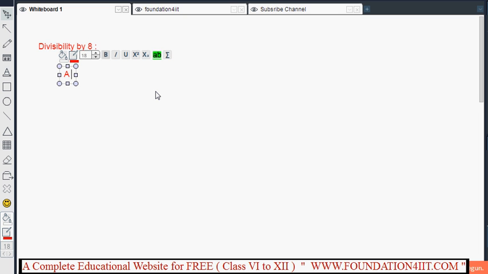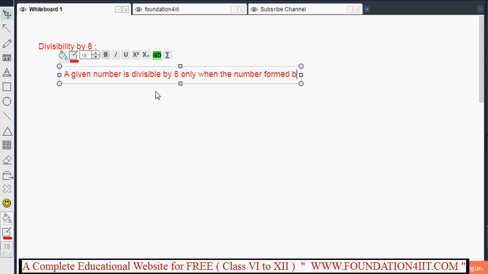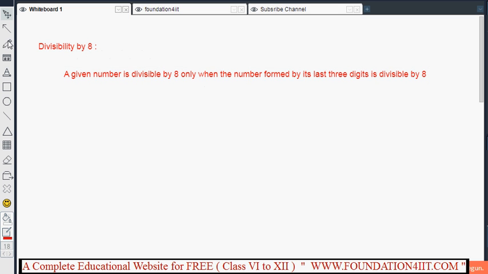So we can write like this: a given number is divisible by 8 only when the number formed by its last 3 digits, that is the ones, tens and hundreds place digits, is divisible by 8. So the last 3 digits we need to verify for this one.